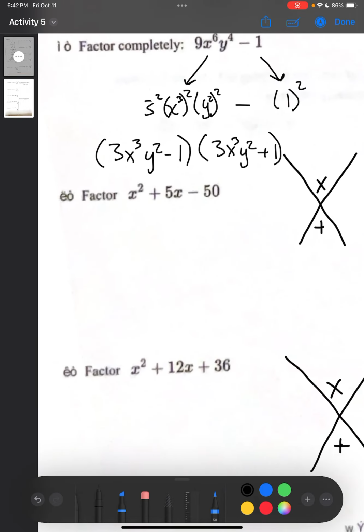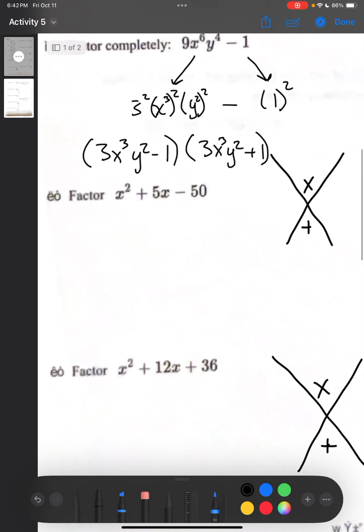For these next ones, they want you to factor them completely again. So with that, you want to multiply this 1 by negative 50, which gives you negative 50, to add to 5, and when you work those out, you get negative 5 and 10.